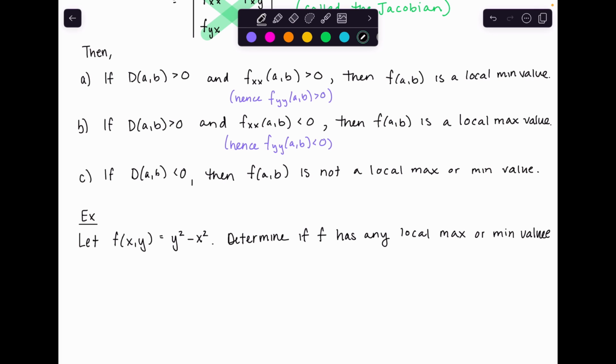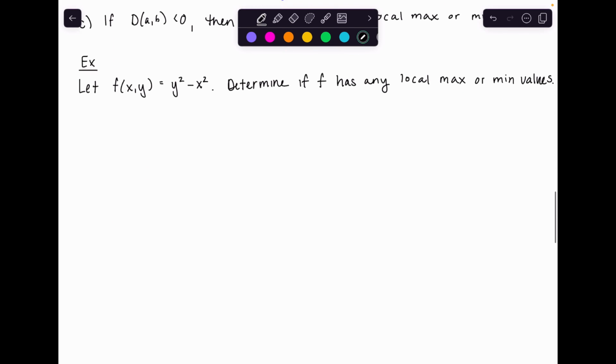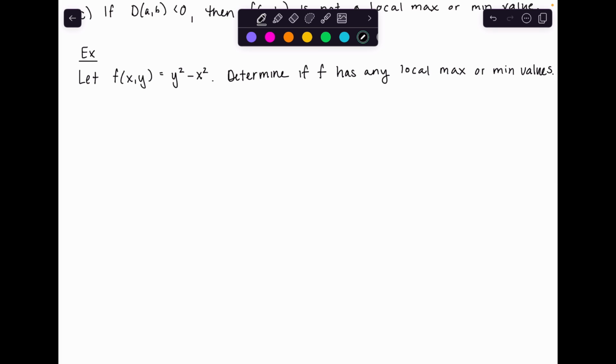And if it does, we're going to figure out exactly what those max and min values are. So I need to figure out where my first partial derivative equals 0, but I'm also going to have to find this function D. So I think it's easiest for you to start by just finding all first and second partials.